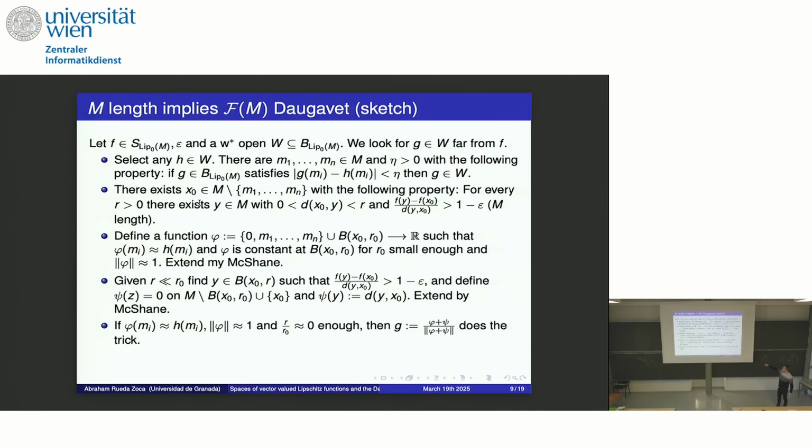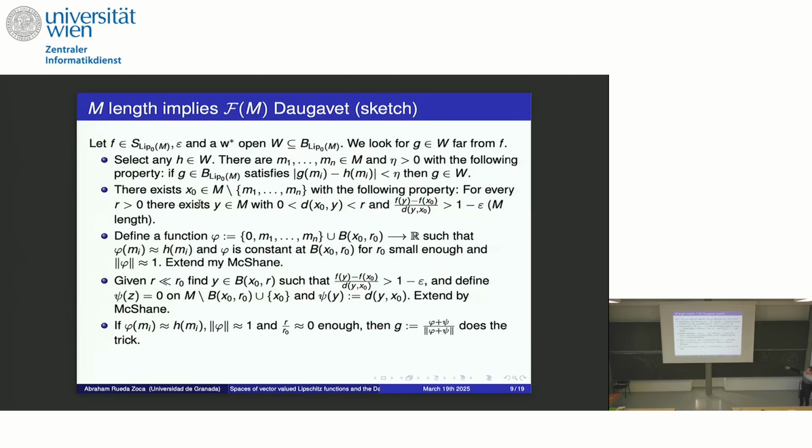What is the point then? We consider G as the sum of this phi and this psi. And the point is that if this distance here is very big compared with this distance, the norm of this phi plus psi is very close to 1. What next? G at mi behaves like phi because psi is flat out of this ball. So the evaluation G of mi equals phi of mi, or it is approximate.